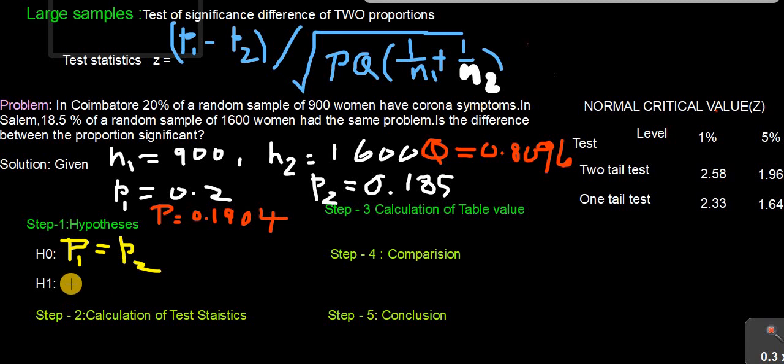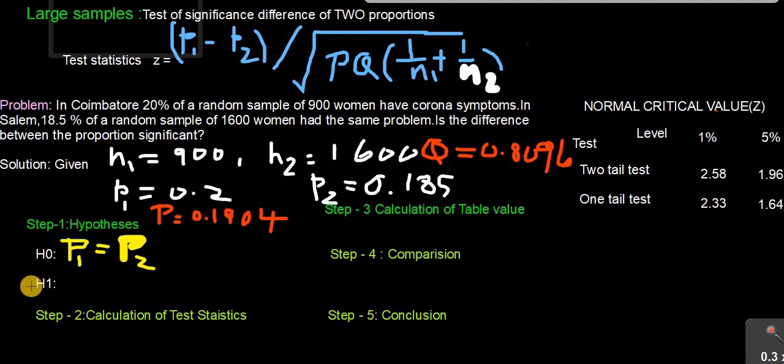That is the proportion of corona affected people in Coimbatore, and this is a capital P, not a small p, it is a capital P. That's a very important thing you have to understand. So corona affected people in Salem, capital P2. So this is the null hypothesis.